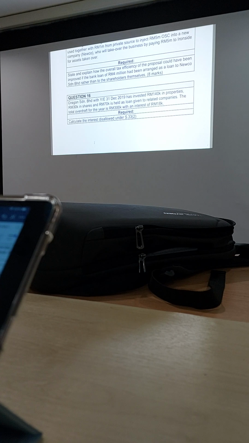Simple mathematics. If I follow the rule, I already told you which rule. How much is the interest disallowed for business purpose?